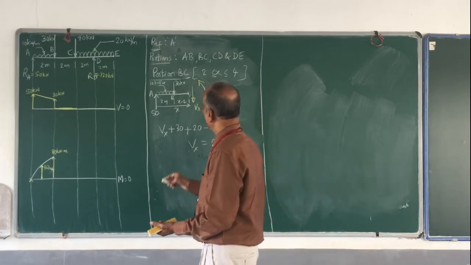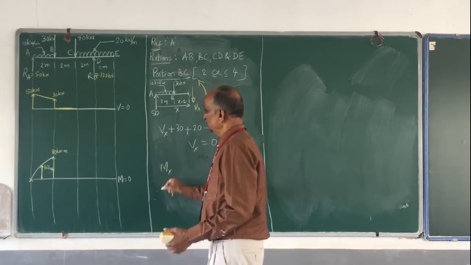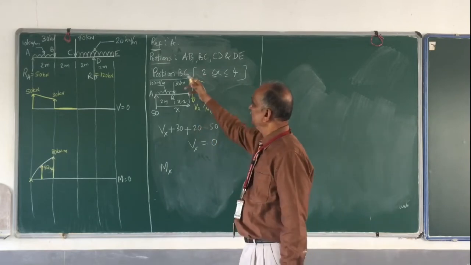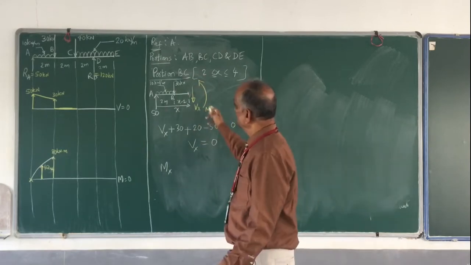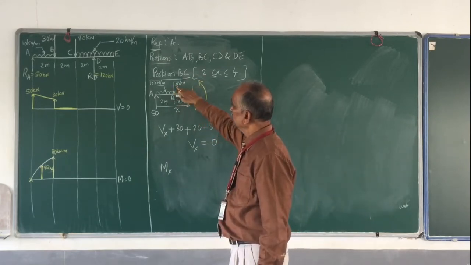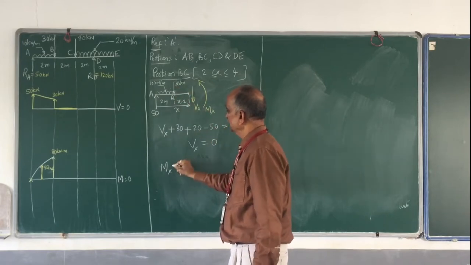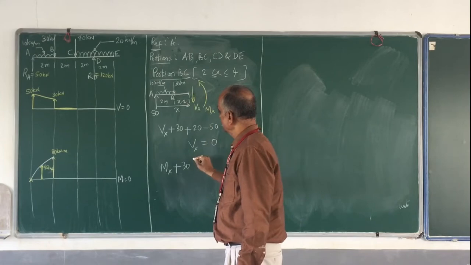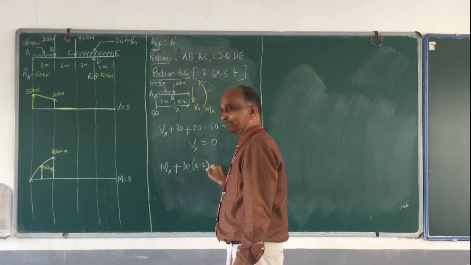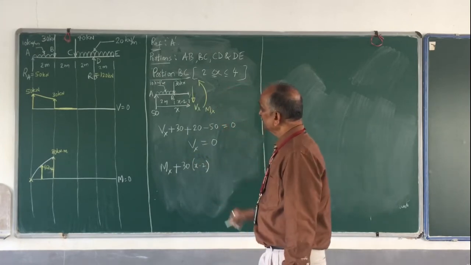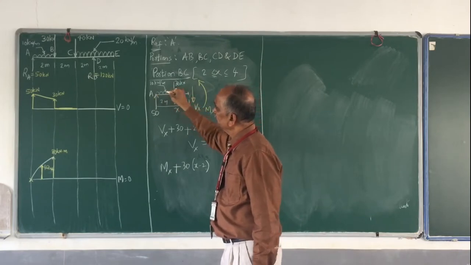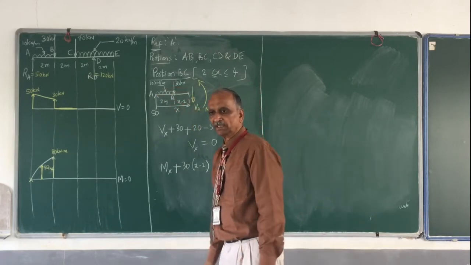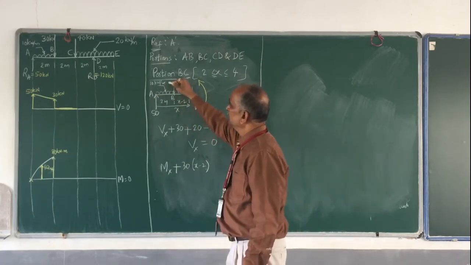Okay, let me go for Mx. The bending moment Mx, anti-clockwise positive. Then the moment because of this 30 also is anti-clockwise, therefore it is plus 30 multiplied by this distance, X minus 2. Then the next one, because of this 10 kilonewton per meter, what is the load?